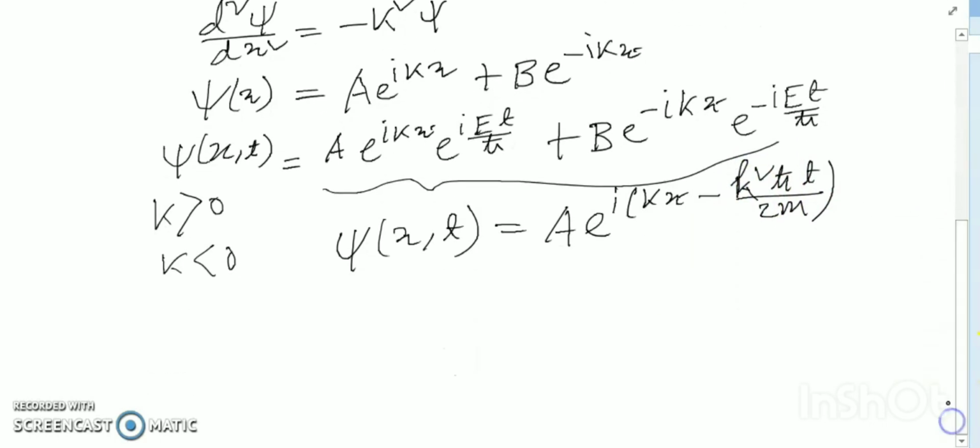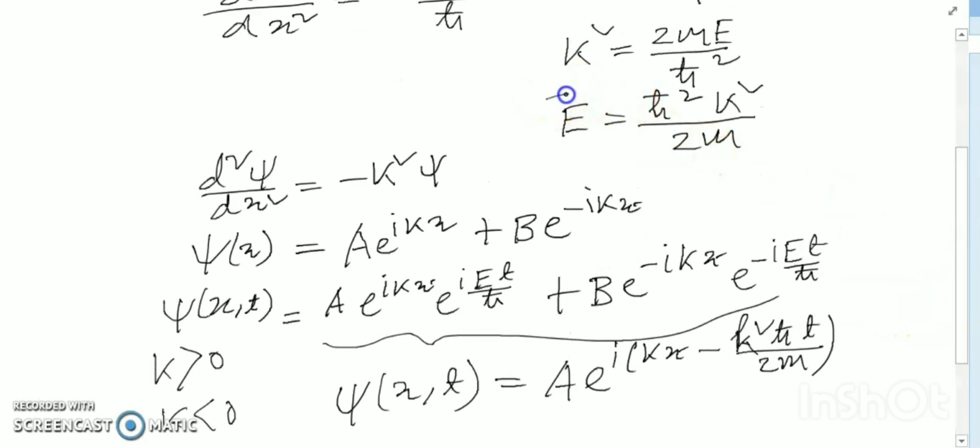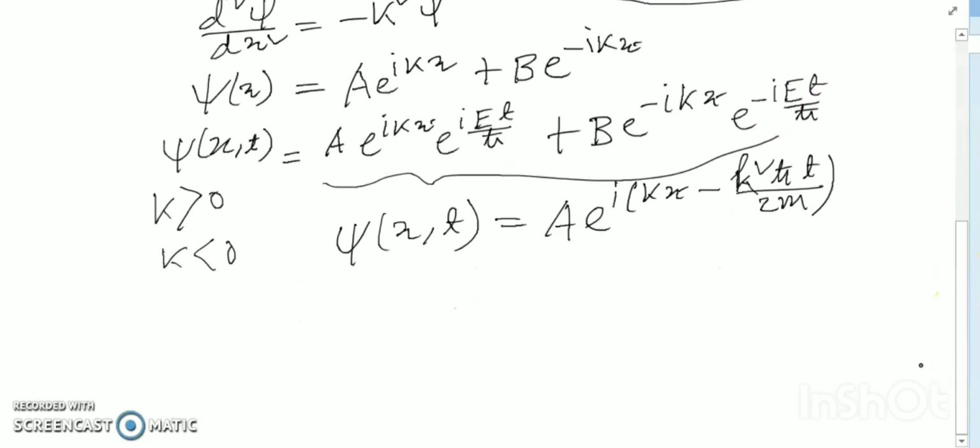So this is the a, and you must remember that E is equal to h bar whole square k square divided by 2m. Okay, so these conditions hold.